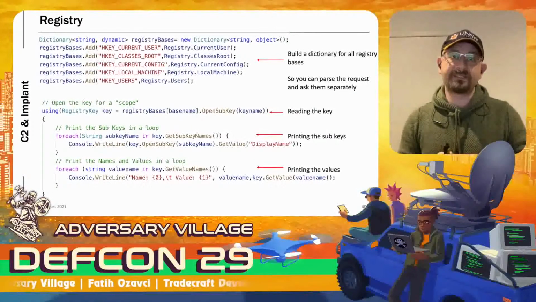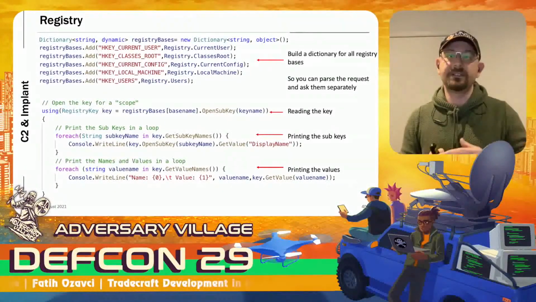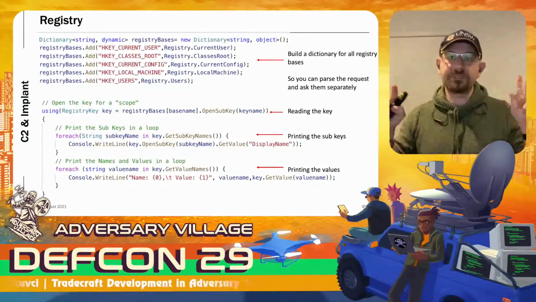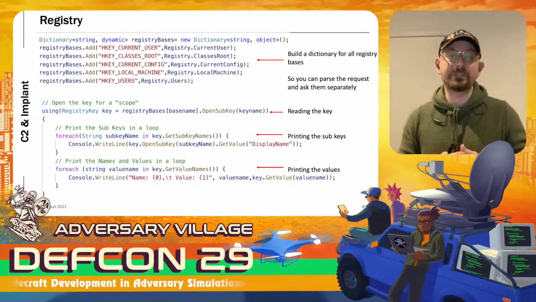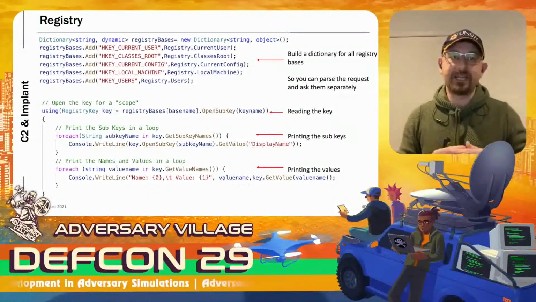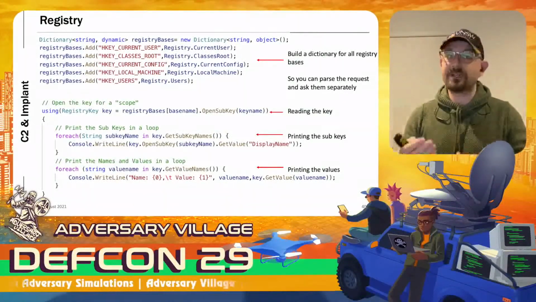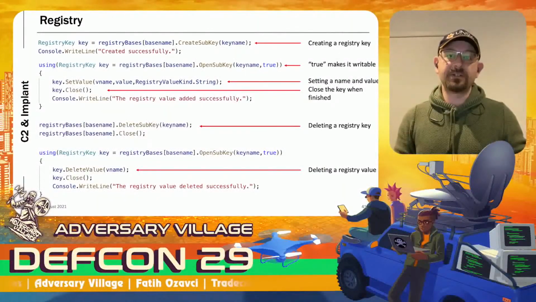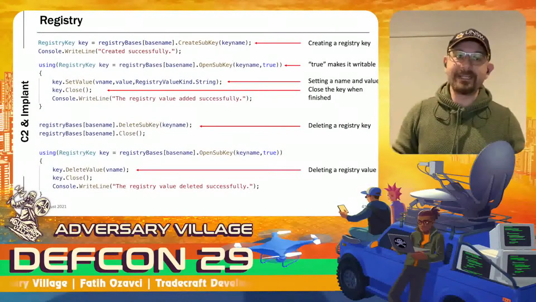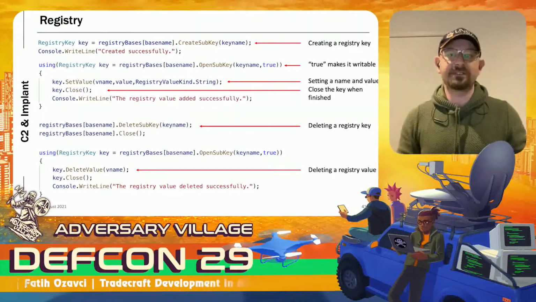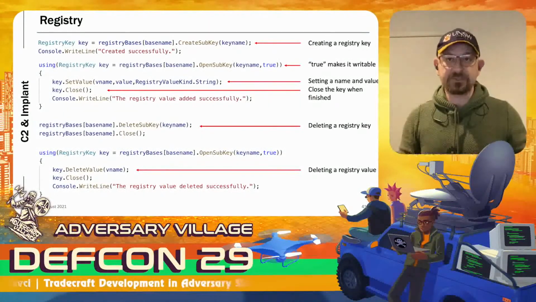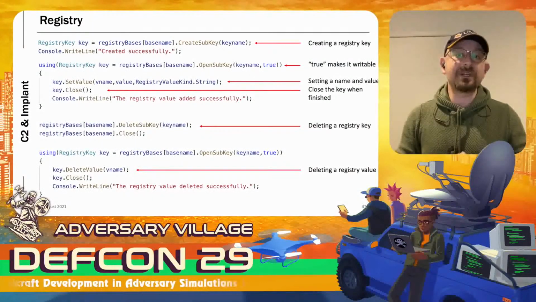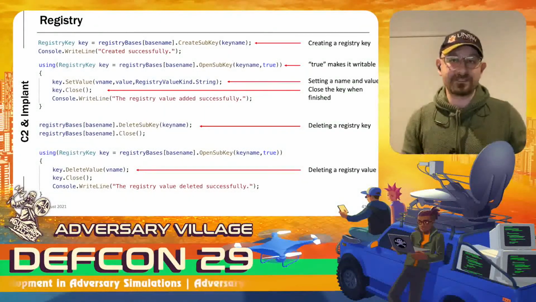That's why the registry basics dictionary in this example shows you what registry keys could be used in the hierarchy and how we can create one or how we can work with that. And whenever we learn how to create, how to delete, how to work on the registry keys or the values, that will help us to build our implant's additional capabilities.